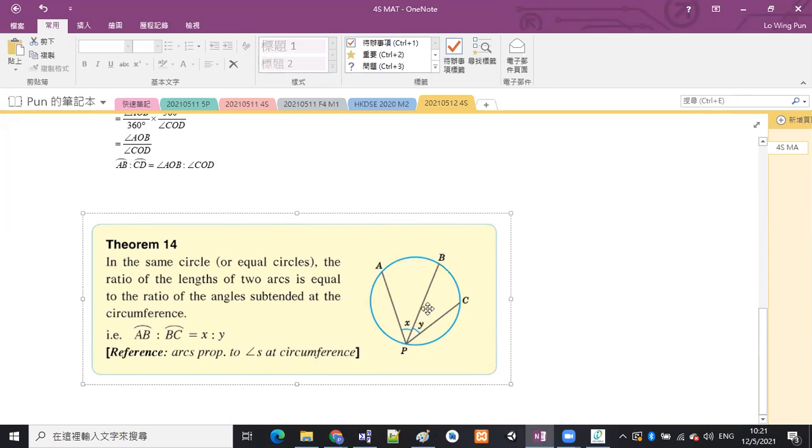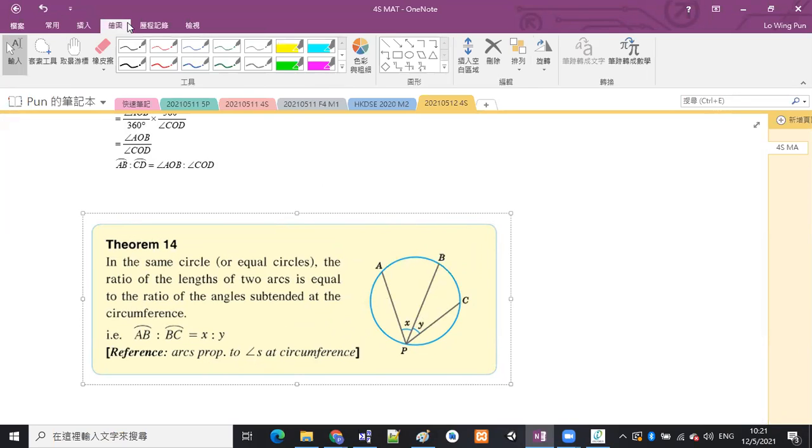But we just have the angle at circumference. We do not have angle at center. But we can just draw the angle at center out, right? Because there must be a center in a circle. So let me draw this out.